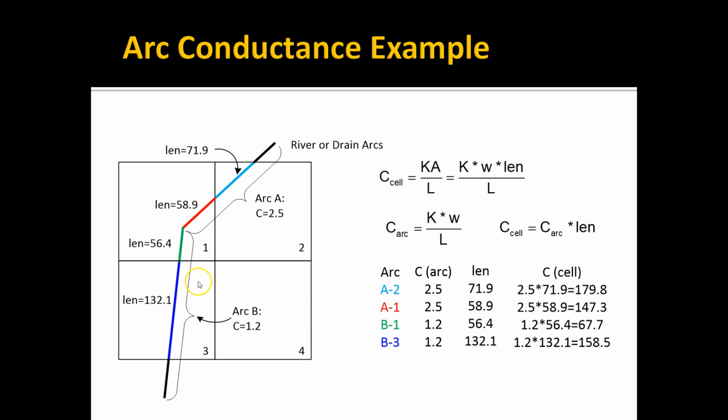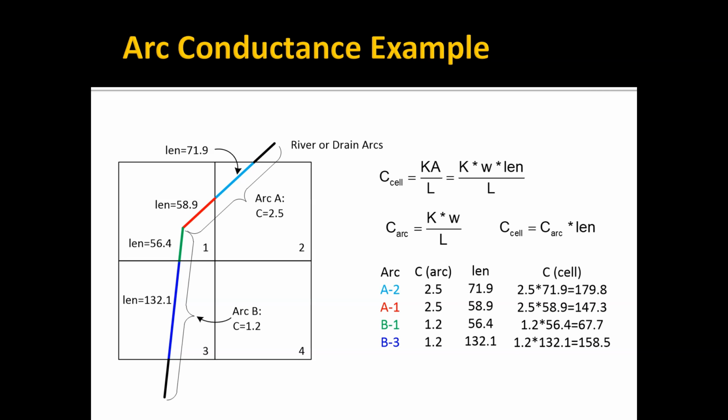And finally, in cell number 3, we have arc B, we call it B3. It's arc B in cell 3, 1.2 times 132.1, and we get 158.5. So again, you just need to come up with the conductance per unit length, which is a function of the hydraulic conductivity of the sediments, the width of the sediments, and the width of the river, and then the vertical thickness of the sediments.